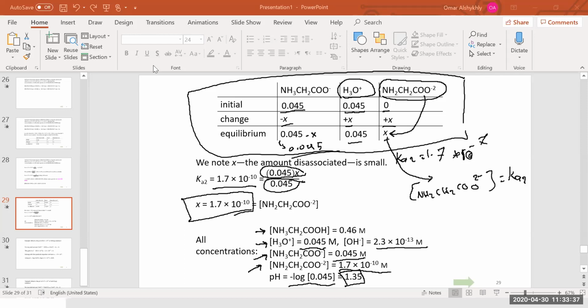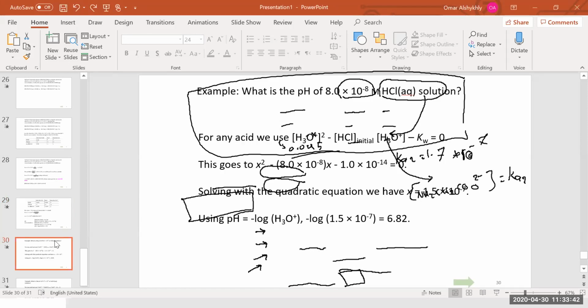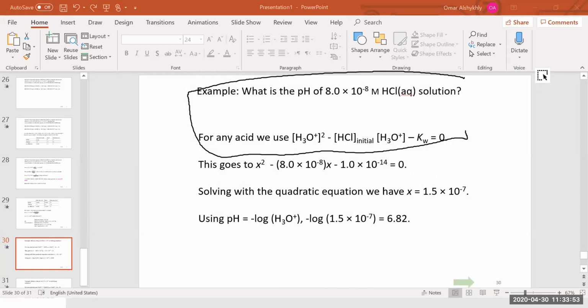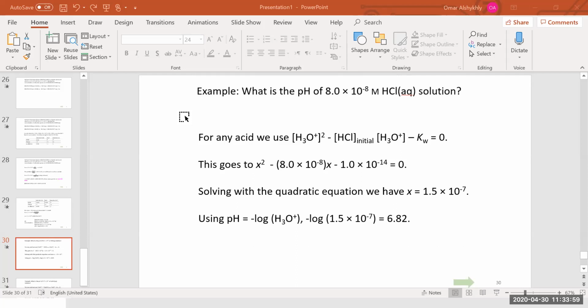Okay, so let's go and look for this example. What is the pH of 8.0 times 10 to negative 10 molar HCl solution?